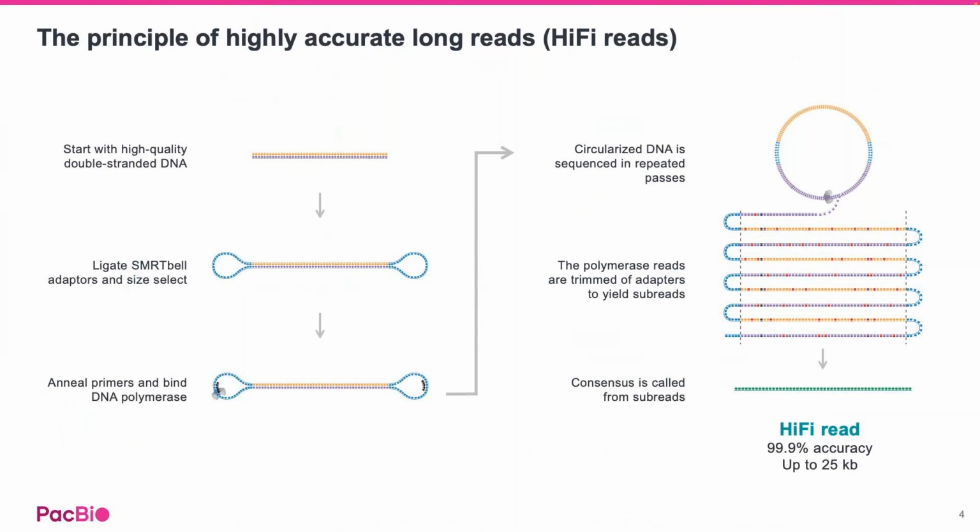The polymerase will pass the sequence multiple times, and the consensus sequence from these subreads is called a HiFi read. HiFi reads have 99.9% accuracy, which is Q30, and can be up to 25 kb long.